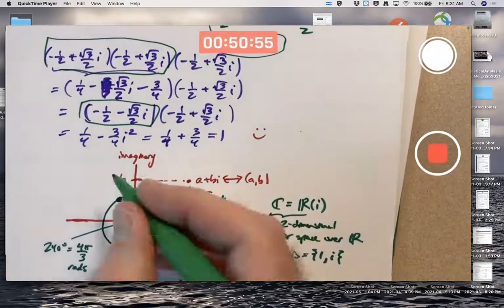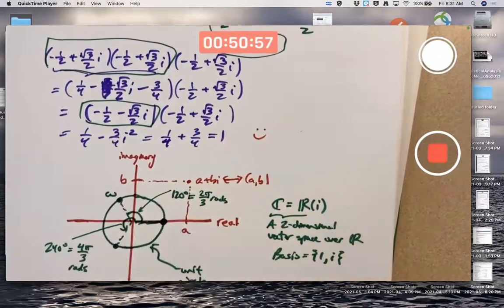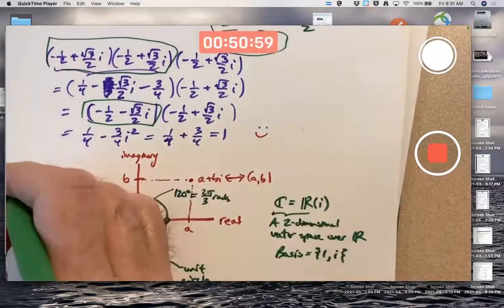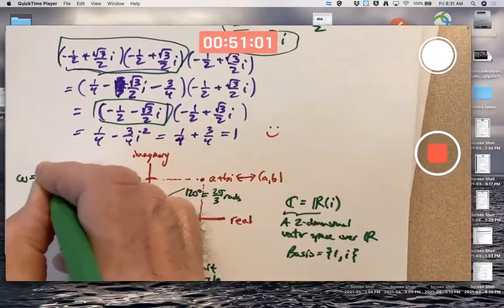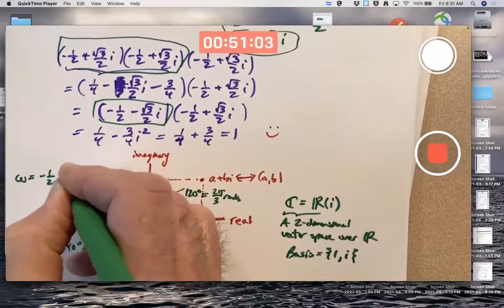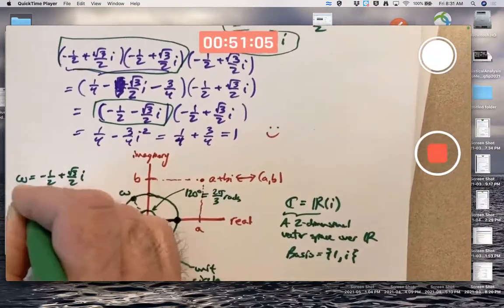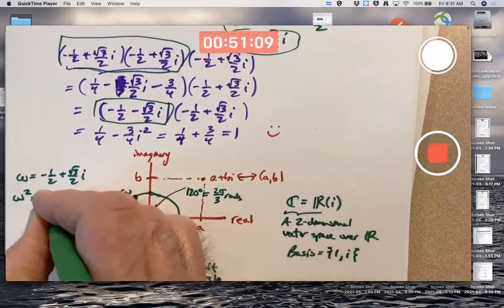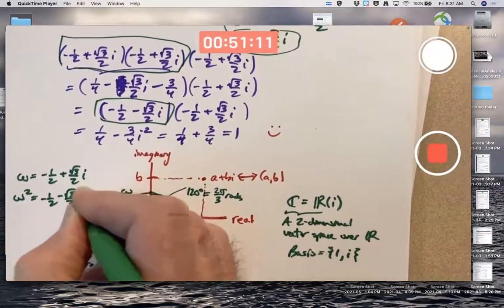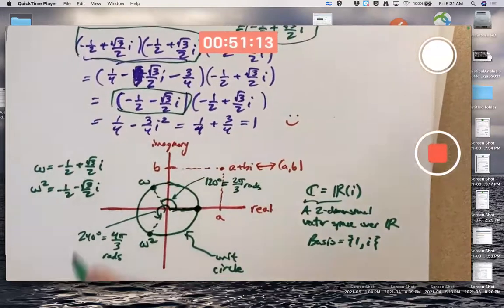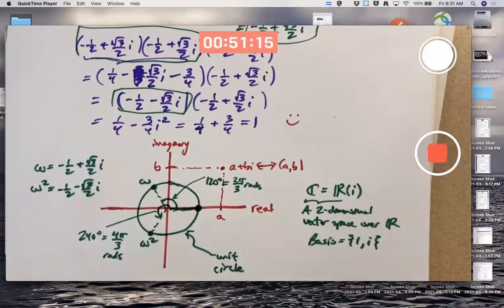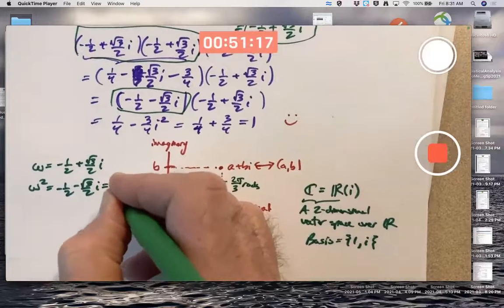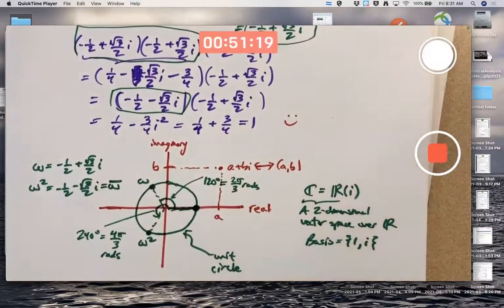If I call this one omega, if omega is -1/2 plus square root of 3 over 2i, then omega squared is this one, -1/2 minus square root of 3 over 2i, which also happens to be what's called the complex conjugate of omega, written with a bar above it, omega bar.